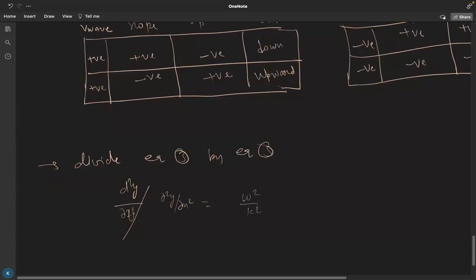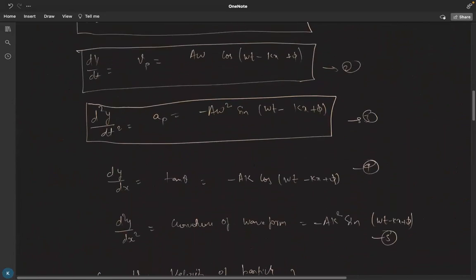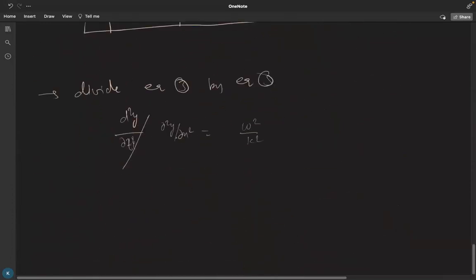If you notice, when I divide equation 3 by equation 5, the A got cancelled and we get omega square by k square, right? So we can write del square y by del t square as the acceleration of particle and del square y by del x square as the curvature. So let me write the curvature here.